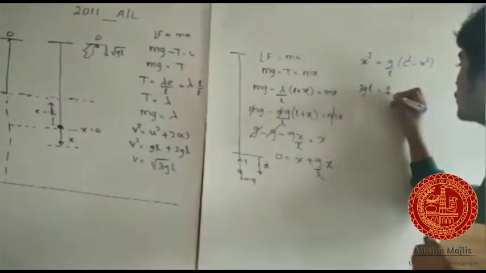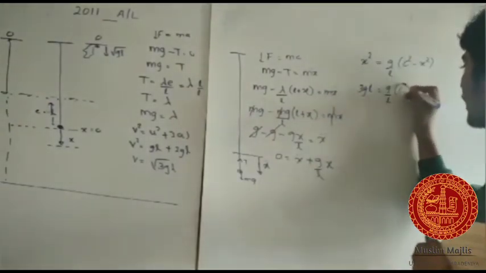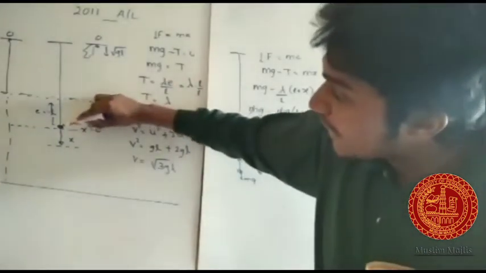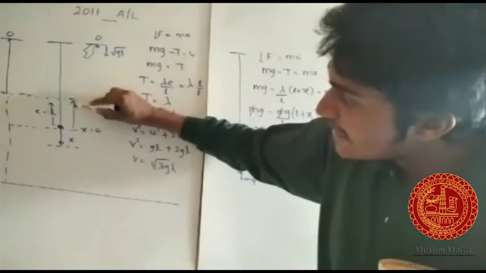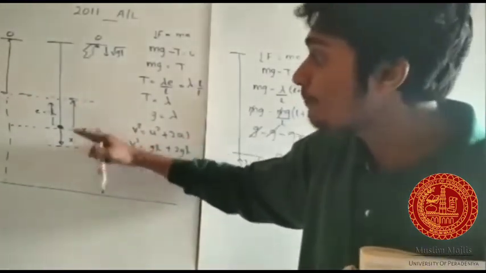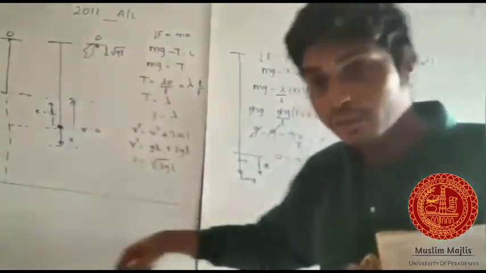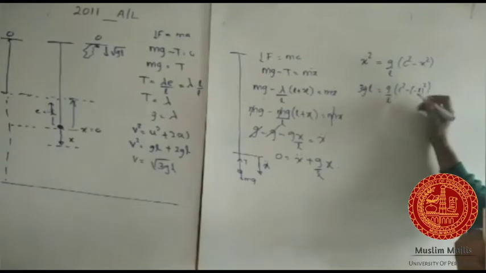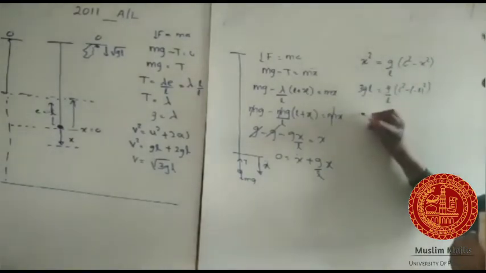So 3gL is equal to g by L times (c squared minus x squared). Now what is x? Here x is measured from the equilibrium position, and x is negative L, because the downward direction is the positive direction, meaning the upward direction should be negative. So you have minus L whole thing squared, which becomes plus L squared.